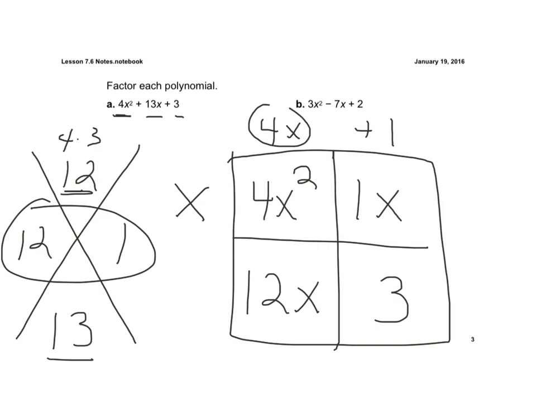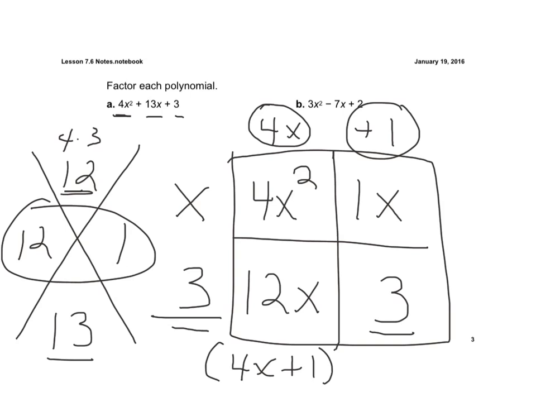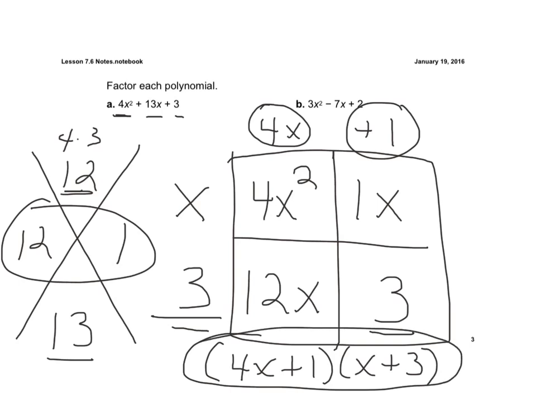Now, what times 4x will give me 12x? Well, that would be 3. And again, if I check that, 3 times 1 is 3. And so I filled in my box. Across the top, I have 4x plus 1 times down the side x plus 3. And now I've factored that quadratic trinomial completely.